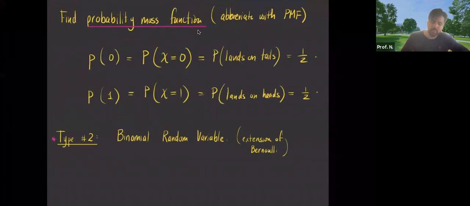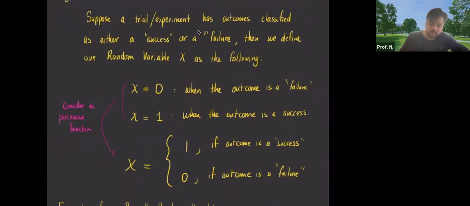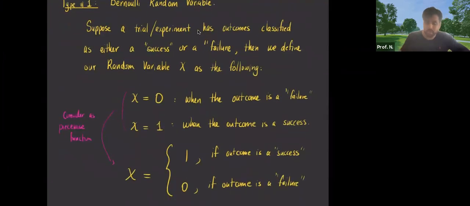Now, what's the difference between the binomial random variable and the Bernoulli? The Bernoulli is when you have an experiment and you perform the experiment only once, right? You flip a coin one time and that's it. So that's the main difference.